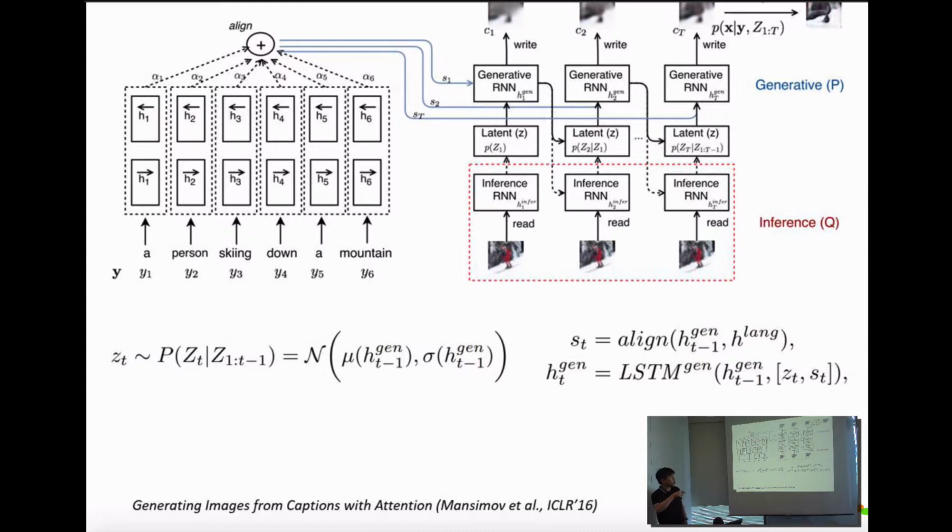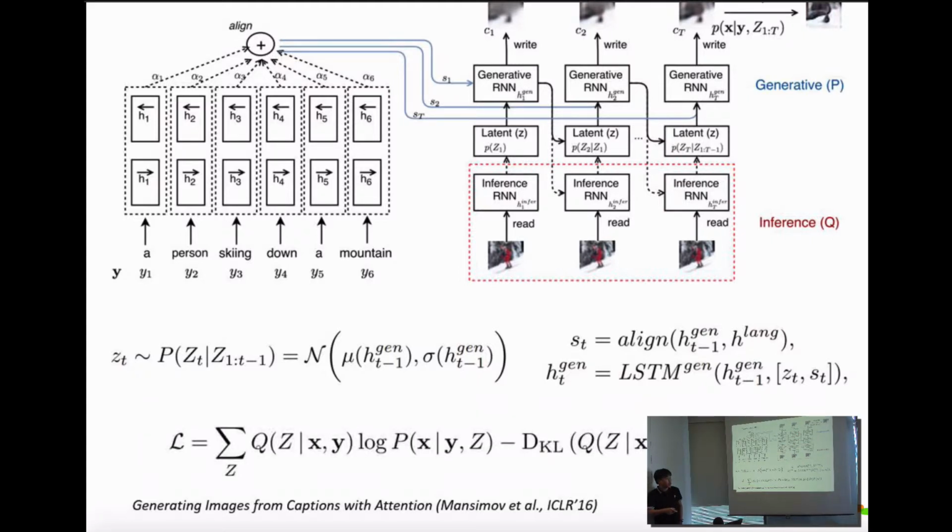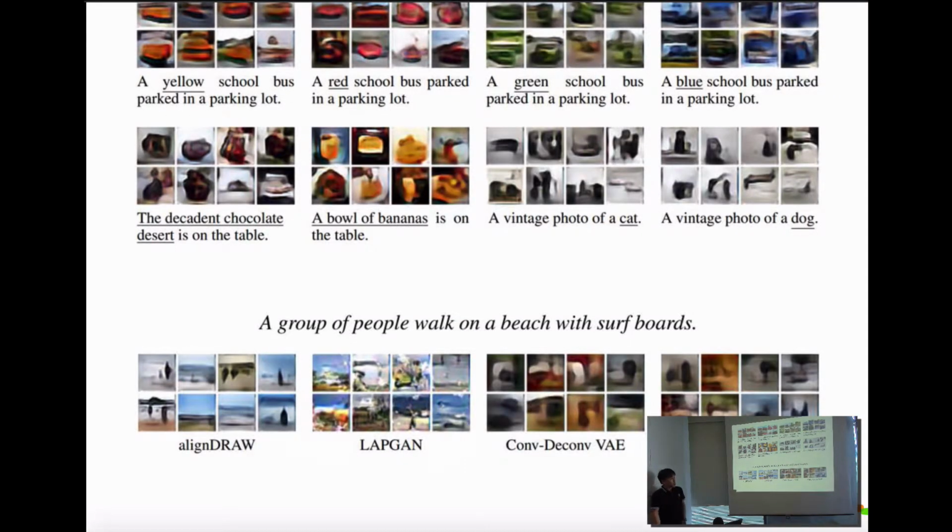Then they input it to the generative RNN here, and write to the image. The objective here is similar to the previous one, but they also condition on the text. So y is the text, and that's it.